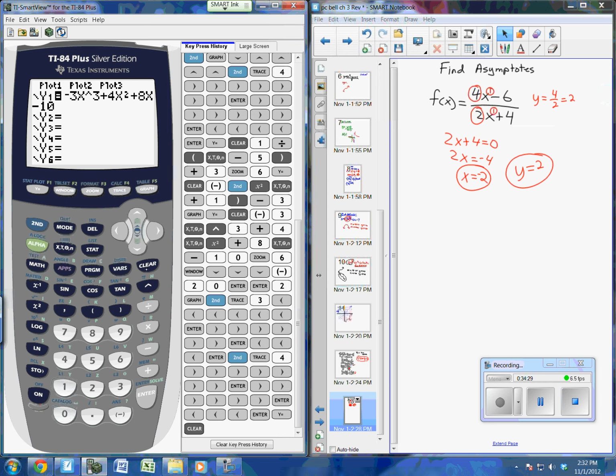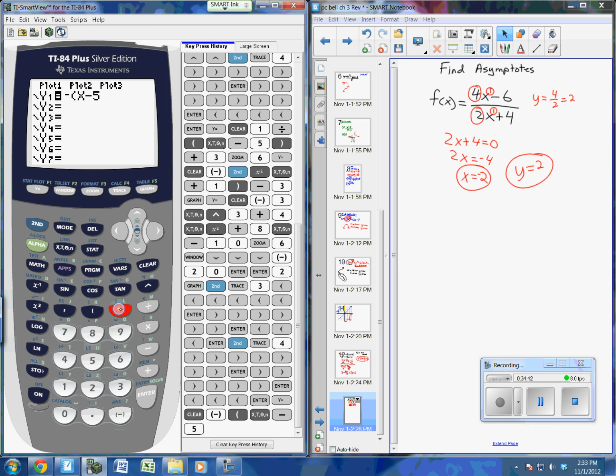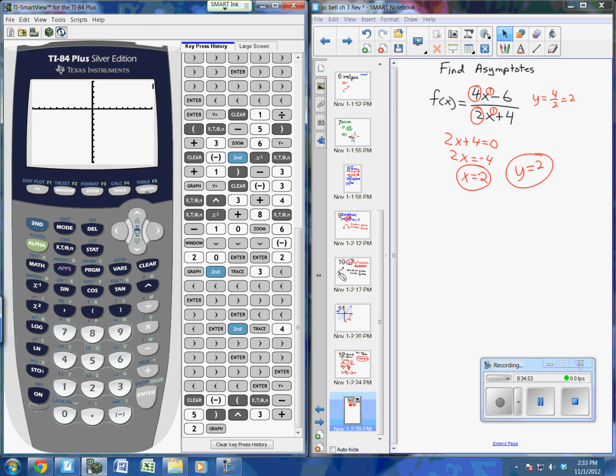Okay, everybody close your eyes. Don't look. You can look now, but I forgot to hit Zoom 6 for a standard window.